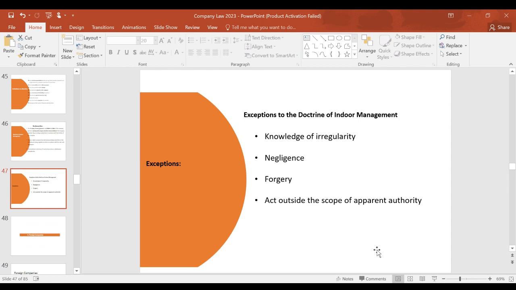However, there are instances where the indoor management doctrine can be varied or rather exempted. So there are some instances where we can say we are not supposed to look into how a company is running its own affairs. Maybe let's say a shareholder is trying to look inside the company to see if the managers or the directors are running the company within the confines. Their say is only left to the general meeting.